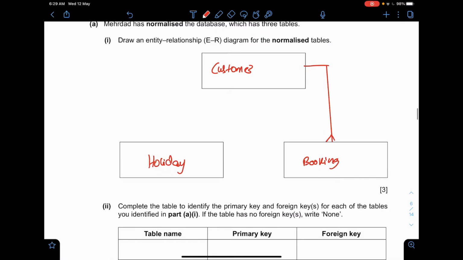And this is gonna be one to many as well, because multiple bookings of the same holiday can be done. So this is the entity relationship diagram. This represents one to many. You do not necessarily need to write this, I'm just writing it here for the sake of explanation.